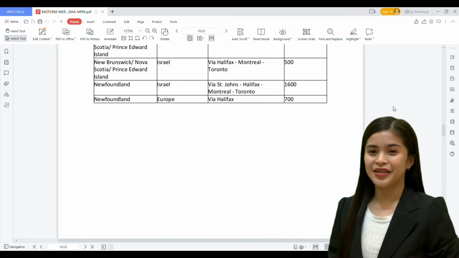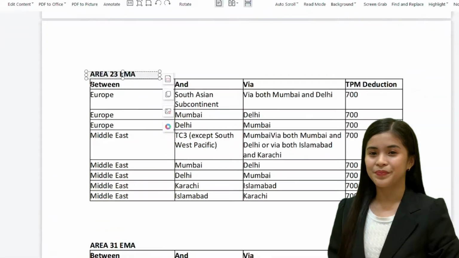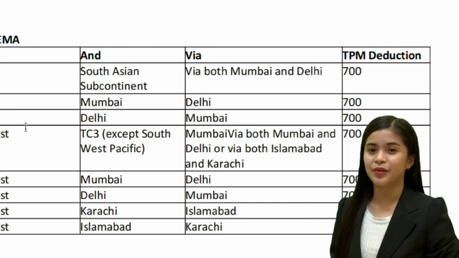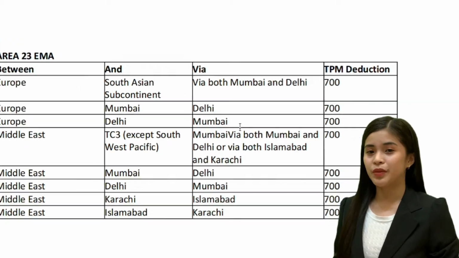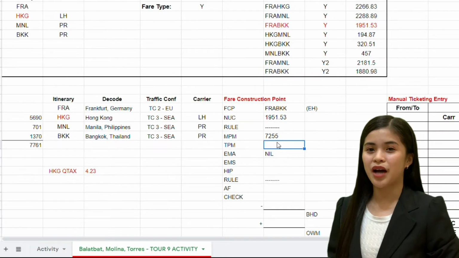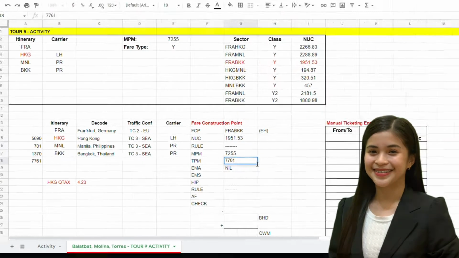We are looking at areas 2 and 3, and as you can see, our origin would be Europe. Yes, there is Europe, however, there is no Southeast Asia under TC3 as the destination and transit, which means EMA is NIL. That is only when you will copy the TPM, after checking the TPM deduction.